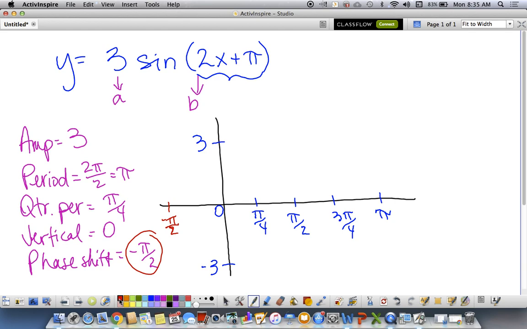What is pi over 4 plus negative pi over 2? I may have to do some pi over 4 plus a negative pi over 2. What do we do? Common denominators?